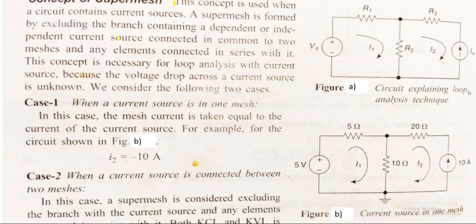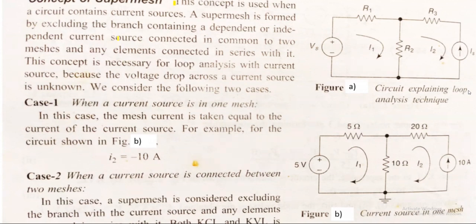Then what exactly the voltage is across that current source we never know, because our simple analysis of Ohm's law tells us a branch containing a current source has no impedance. So how will you multiply, and what will you be multiplying with? There is a current value, of course, but there is no impedance. Then how will you find the voltage? So in these two special cases, we use the concept of supermesh.